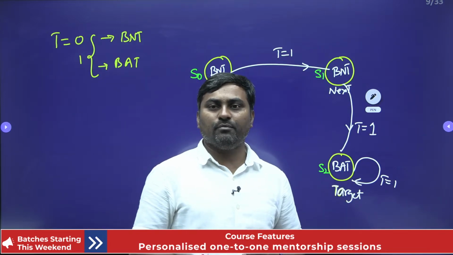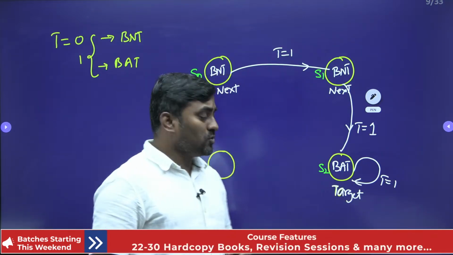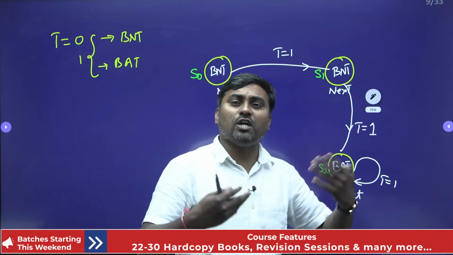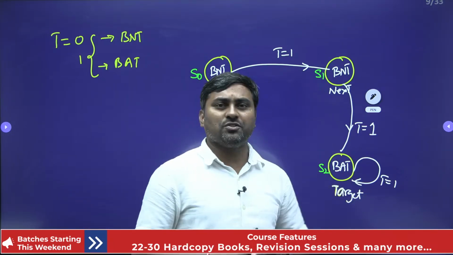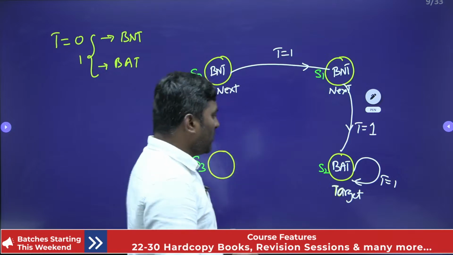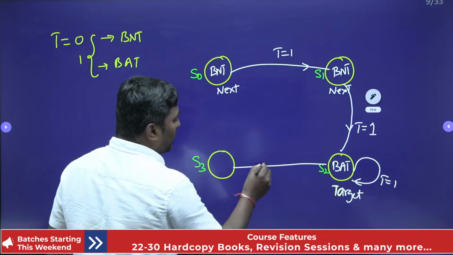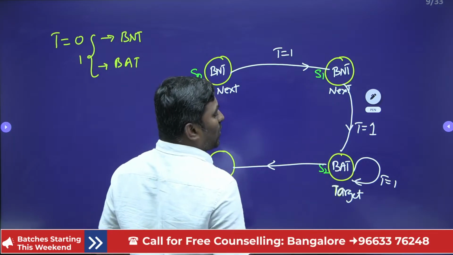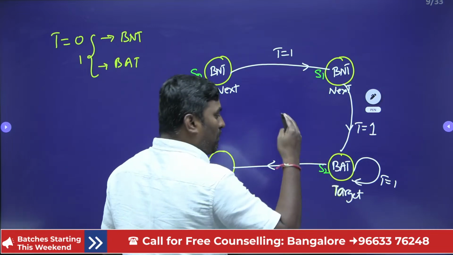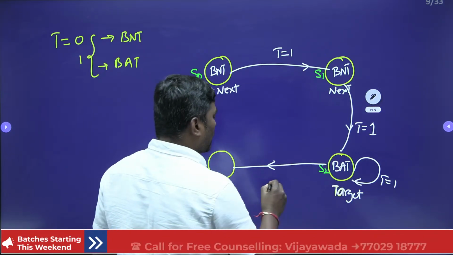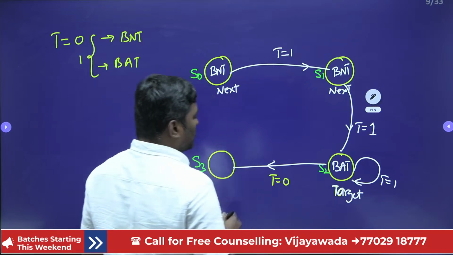If the prediction is right, you repeat this state only. Clear? Suppose you predicted that the branch always takes, you place a target instruction, but your prediction is wrong. You predicted the branch will take, but the branch has not taken. So change the prediction.